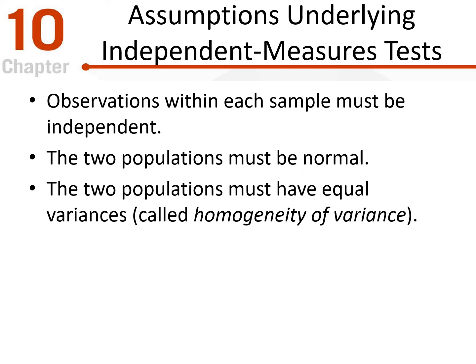Some of the other assumptions for the independent groups test, the independent measures test, are not overly stringent. That means you can violate these to a degree and still be okay. Observations within each sample must be independent. So with the independent group design, you should have independent individuals, different people in each group. And if you have different people in each group, they're going to be independent of each other.